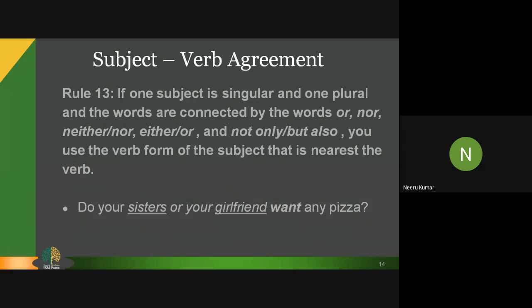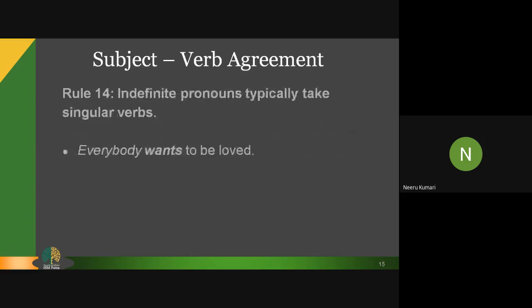Say, for example, do your sisters. So here our focus is on sisters. Now, when we talk about the friend first, then it would be does your friend. All right, keep this in your mind. So keeping this in your mind, you have to always apply the subject and verb agreement rule. Don't get confused whenever you are including things.